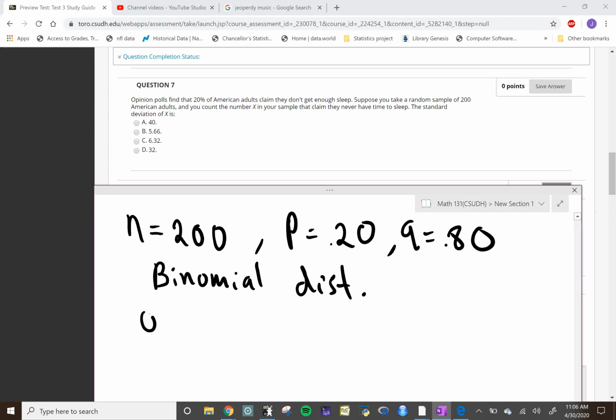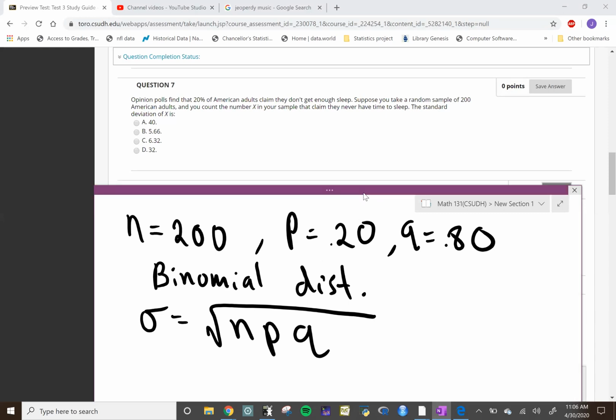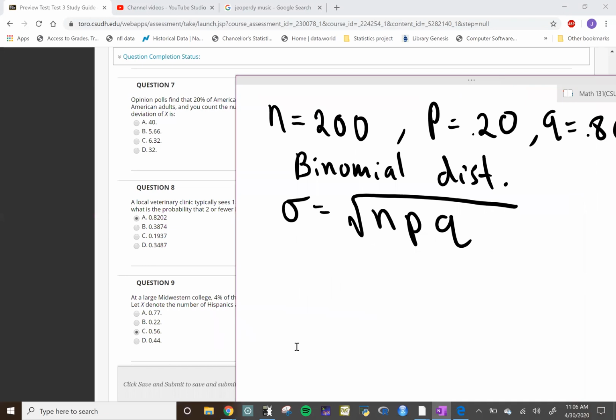So what we have to do is sigma is equal to the square root of n times p times q. Let me get the class calc.